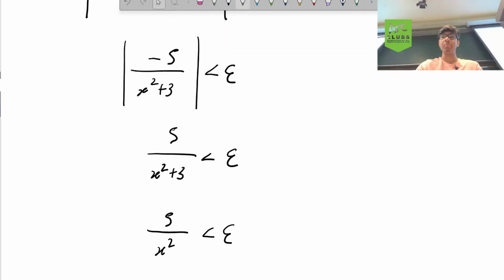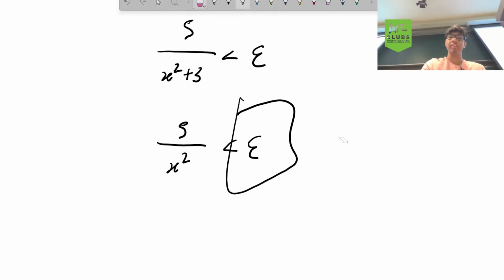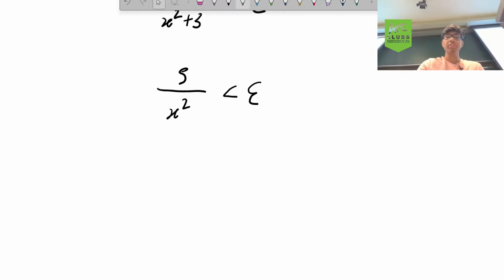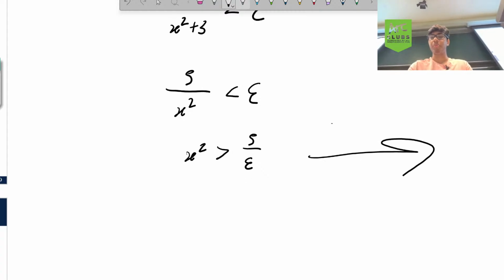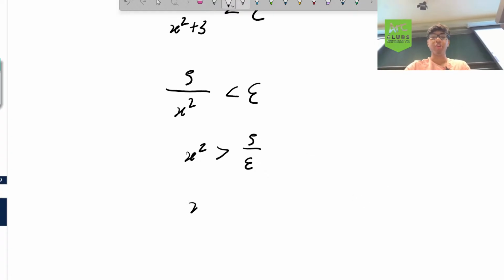It doesn't have to be the same one, it's arbitrary. So here I can rearrange: x squared will be greater than 5 on epsilon. Again, remember this square root could be positive or negative, but I'm only considering positive because I want to go above. So x is greater than root 5 on epsilon.